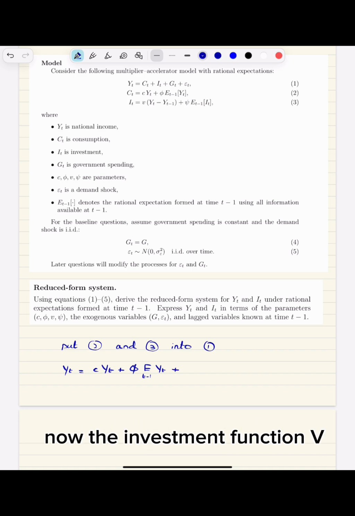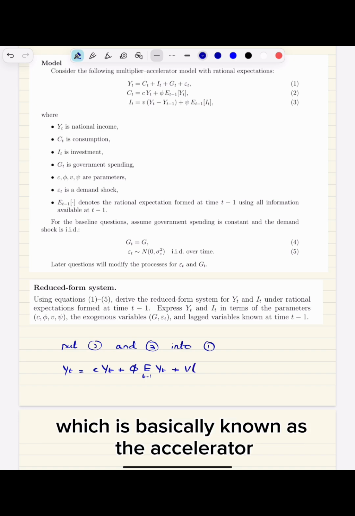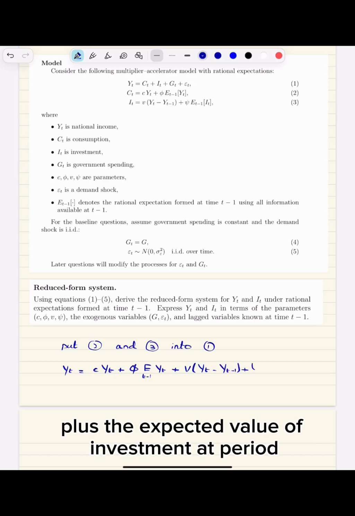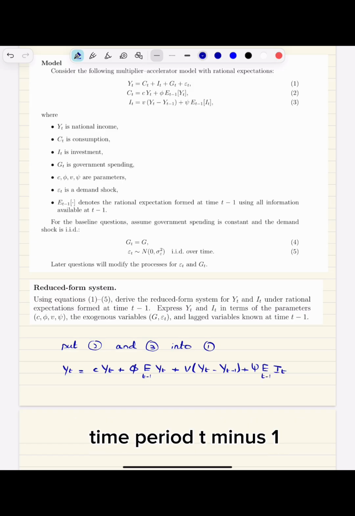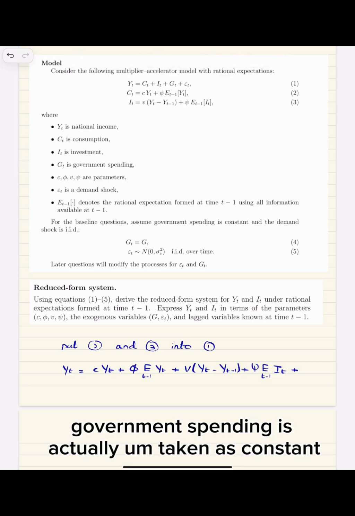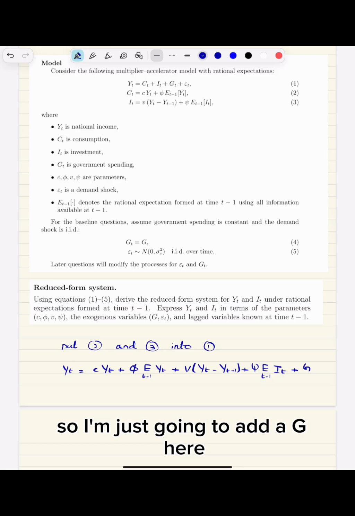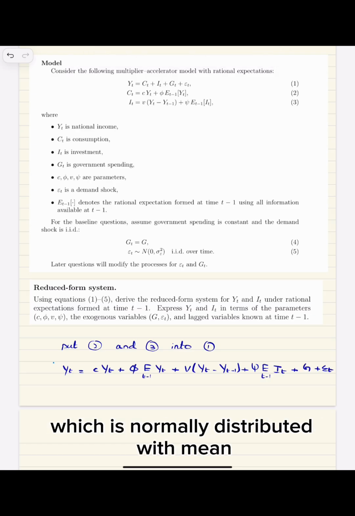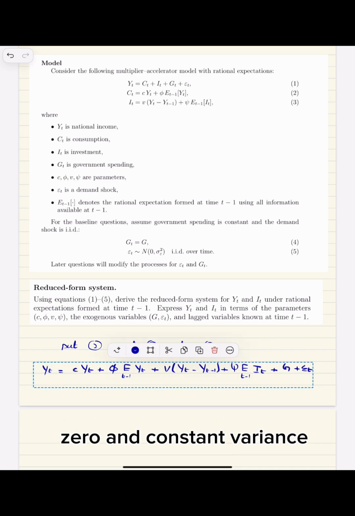Now the investment function, v, which is basically known as the accelerator, the change in actual income, plus the expected value of investment at time period t minus 1. Government spending is actually taken as constant, so I'm just going to add a G here, and then we have our demand shock, which is normally distributed with mean 0 and constant variance.